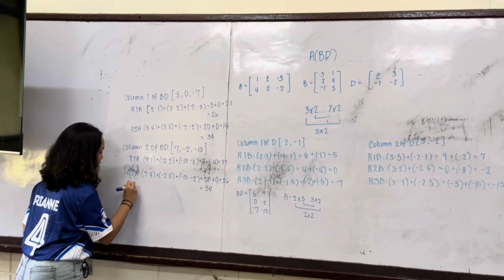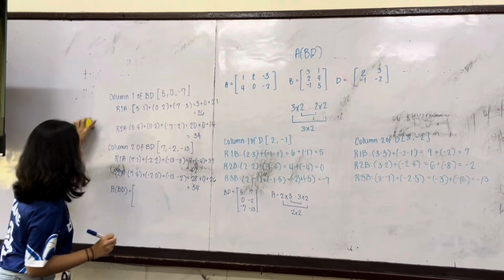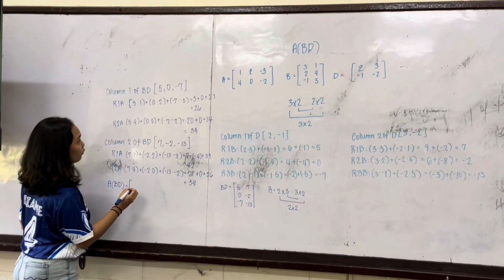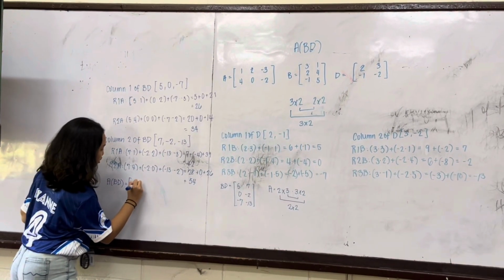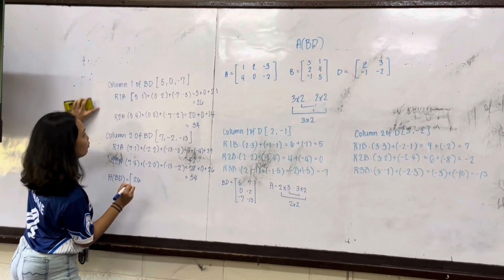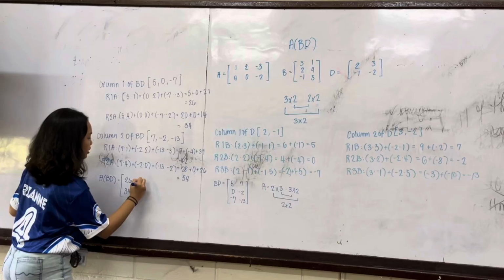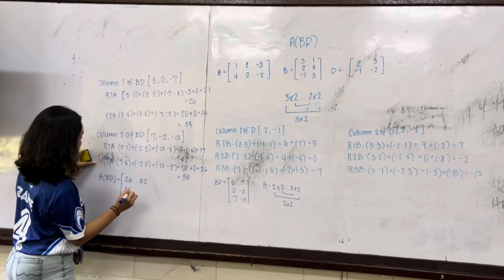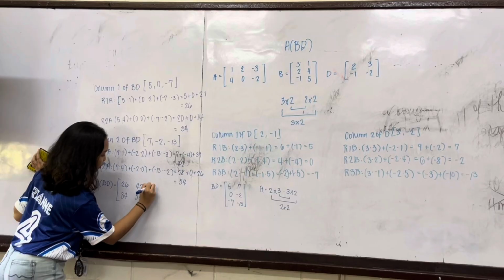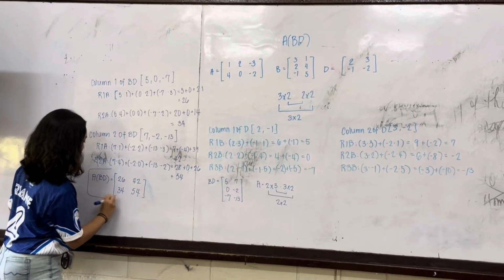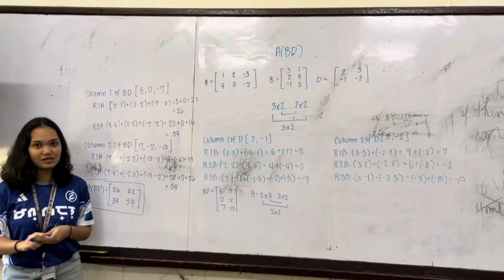A times matrix B gives us a matrix where column 1 row 1 is 26, column 1 row 2 is 34, column 2 row 1 is 42, and column 2 row 2 is 54, which is the final answer for A times B.